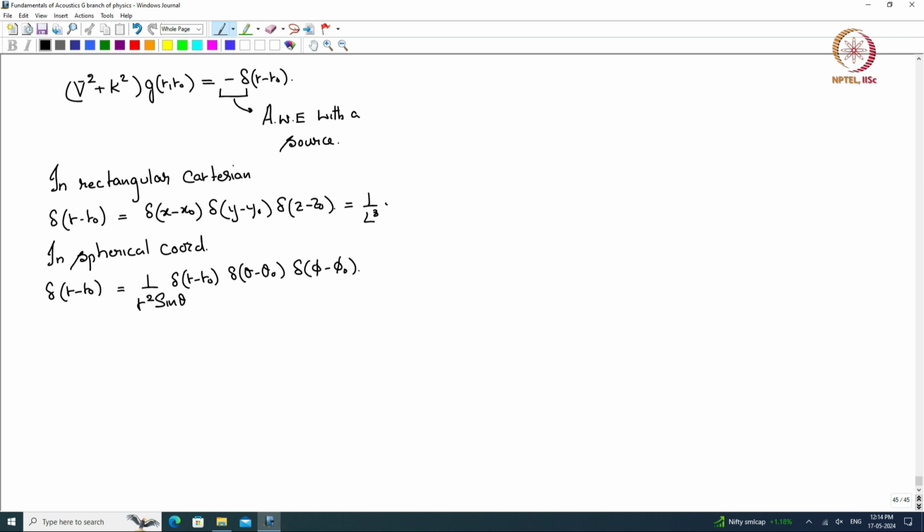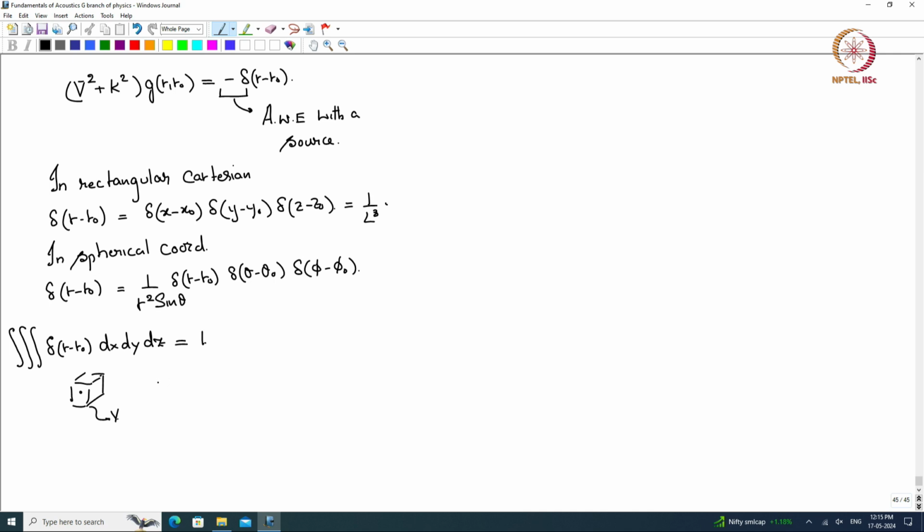Why is that? Because if I do this delta integral in Cartesian coordinates over a small volume which includes the location where the delta is applied, then I get a 1.